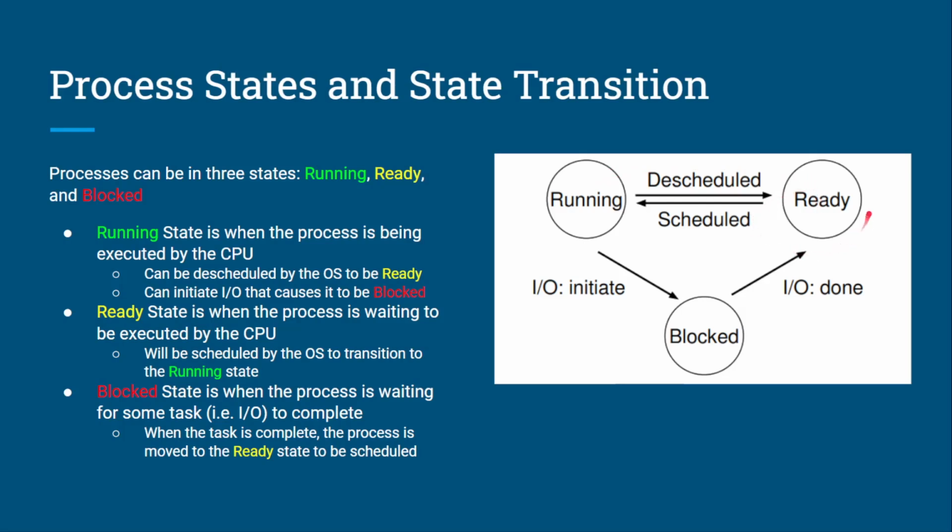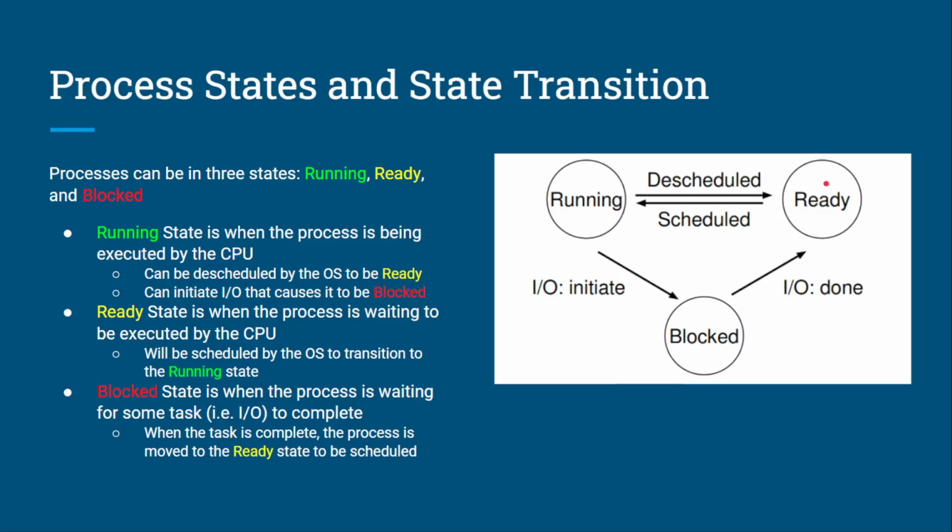The ready state can contain 0 or more processes waiting to be executed. This means that the processes aren't actually running their instructions. They have been swapped out. Their context has been switched out and is waiting to be switched back into a CPU.